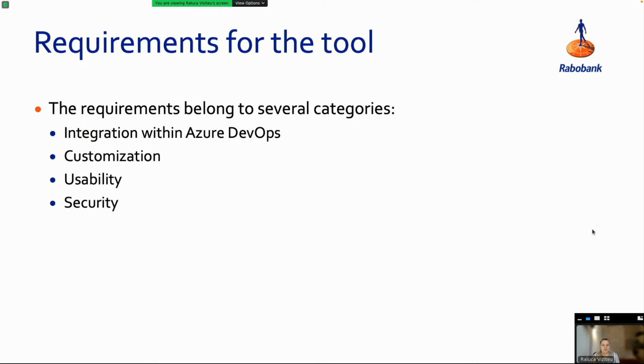I have gathered 17 requirements for the tool. My report includes the full list of requirements. These requirements belong to several main categories: integration within Azure DevOps, customization, mainly of the rule sets, usability, false positive suppression, and security, not listing the secret, only the location of it.